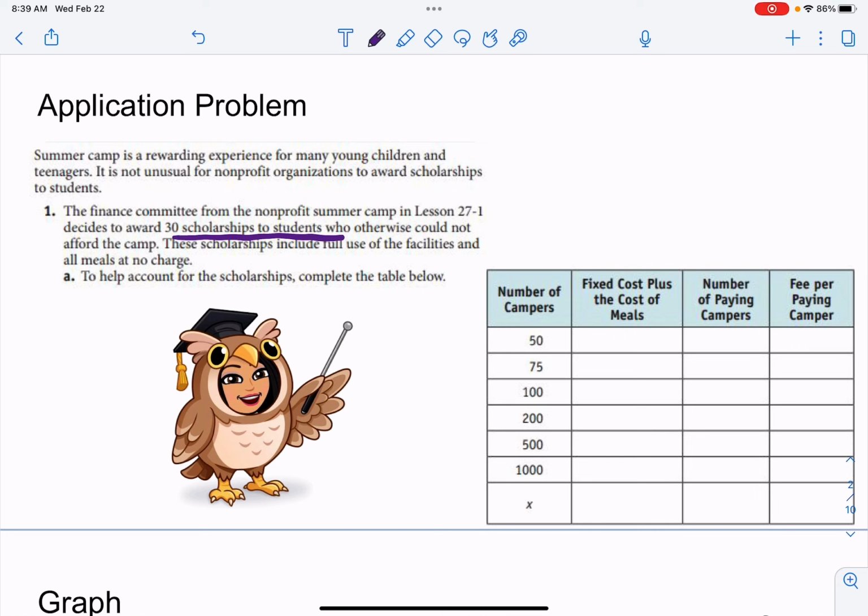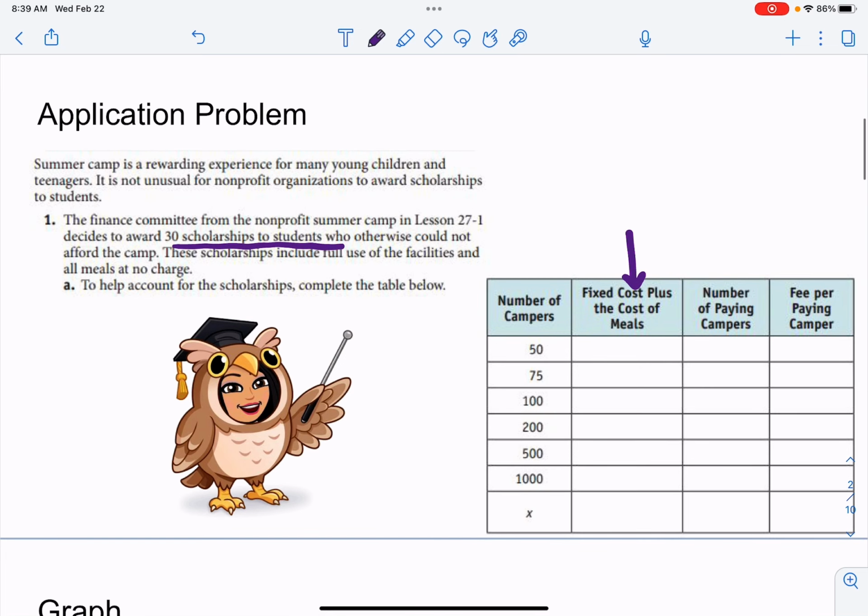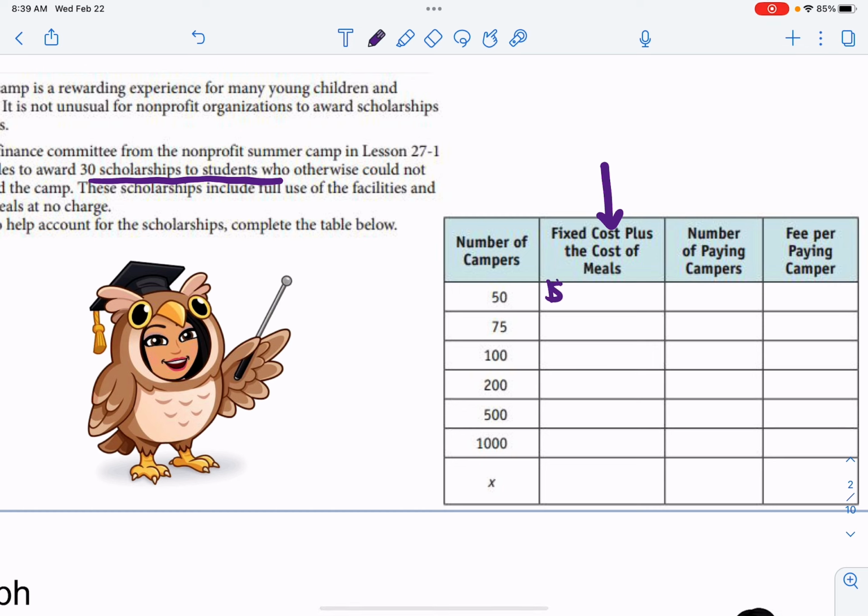Remember, fixed costs plus the cost of meals is what we found in 27.1. That was that last table. So I'm just going to copy down the total cost for that. For 50 it was 14,250. For 75 it was 15,375. For 100 it was 16,500.